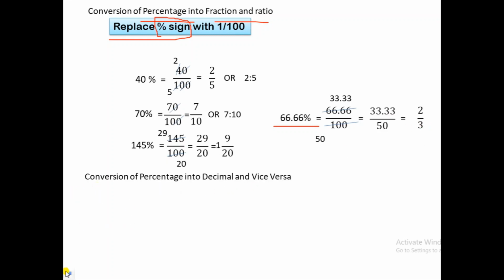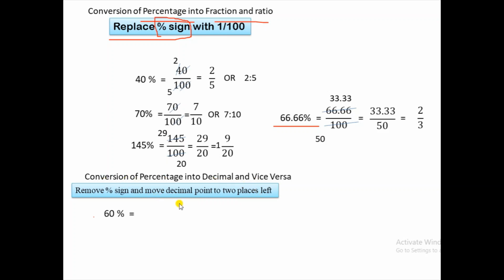Now the next application is conversion of percentage into decimal, and decimal into percentage. It's simple. Remove the percentage sign and move the decimal point two places left, because in 100 there are two zeros. And while converting decimal into percentage, we have to move two places right.